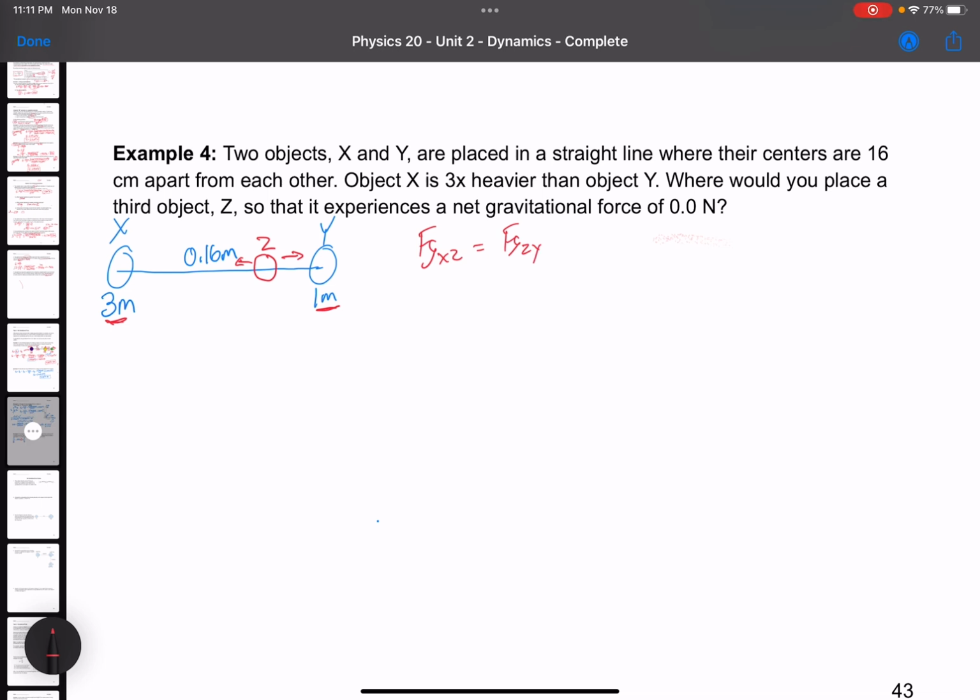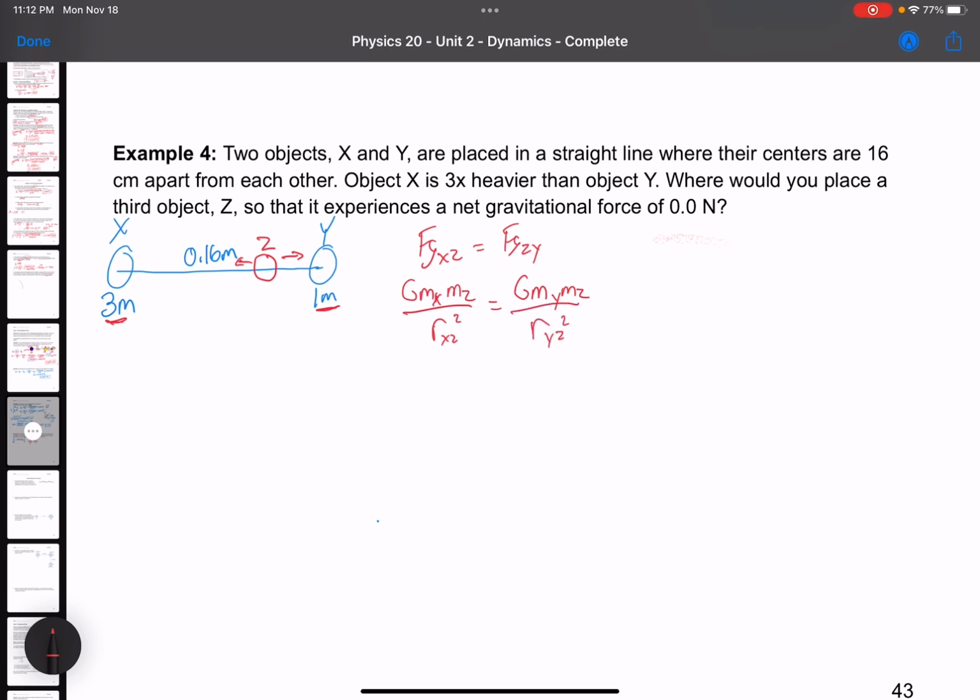That's my first relationship. So I'm going to replace each of these with their formulas. So G, mass of x, mass of z, over radius of x and z squared, equals G, mass of y, mass of z, over radius of y and z squared.